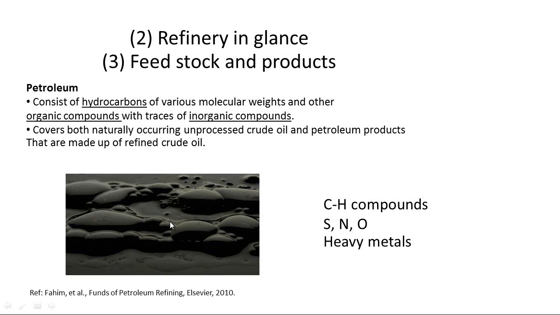This picture shows what crude oil looks like. They are composed of hydrocarbons, some contaminant compounds of sulfur, nitrogen, and oxygen, and also metallic ones. We will revisit them in slide number 10.